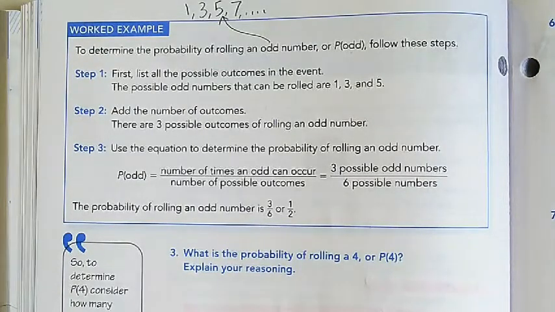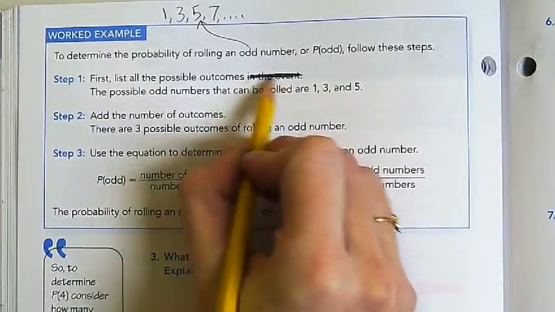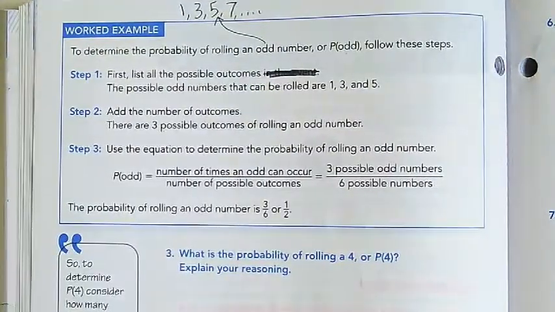So for step 1, list all the possible outcomes. That's it. Just list all the possible outcomes.